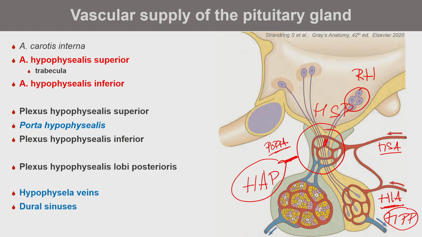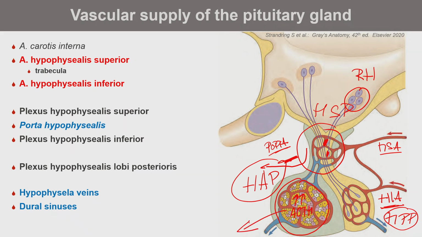Releasing hormones are then released to the blood in the superior hypophyseal plexus, and the hormone is then transmitted to the anterior plexus, and this anterior plexus is then releasing those factors to the pituitary gland cells, and then they are producing, for example, ACTH. And then this hormone is released.